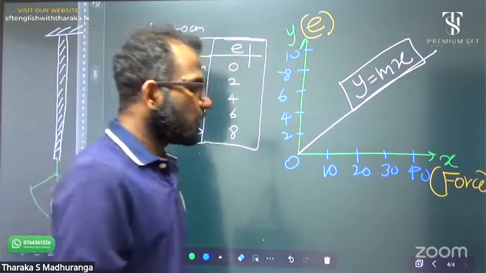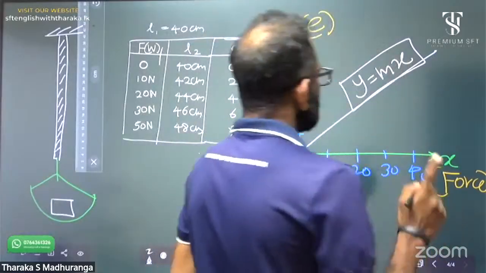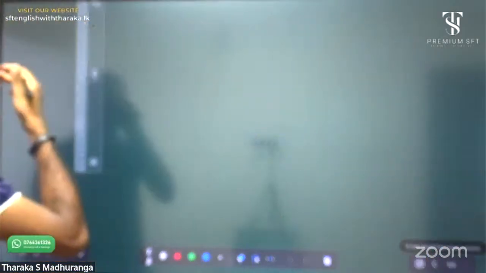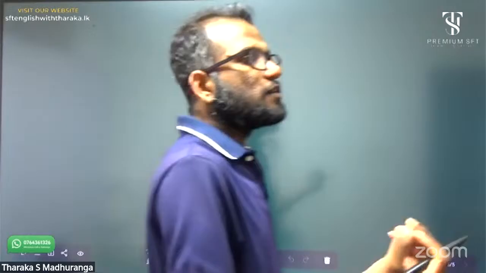Now, this is a simple experiment. The experimental result graph is a straight line passing through the origin.